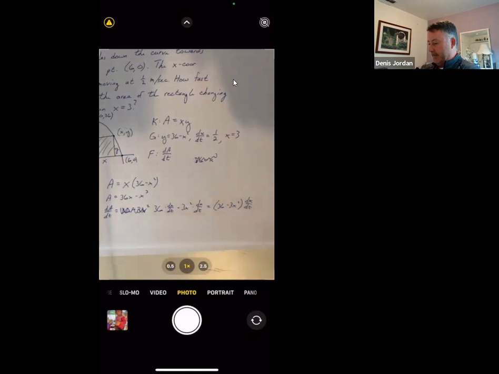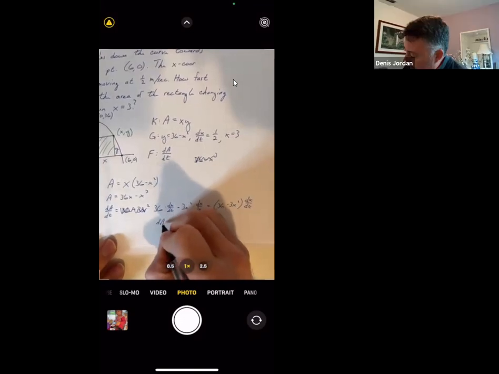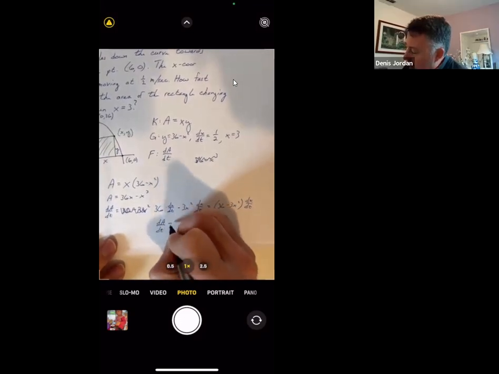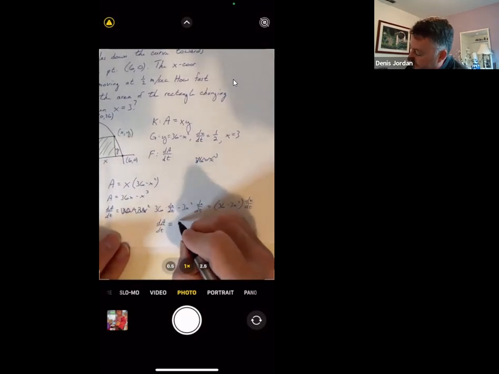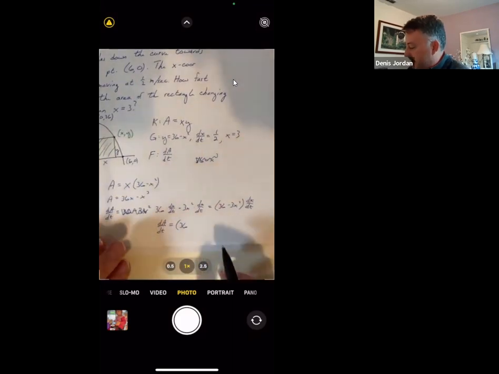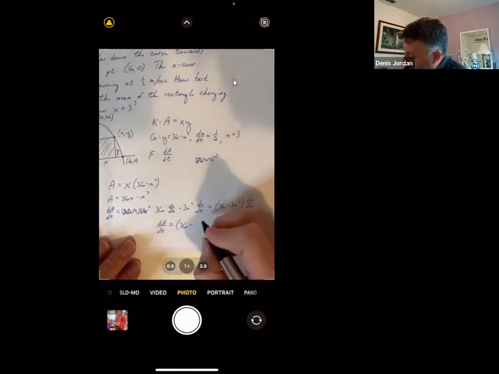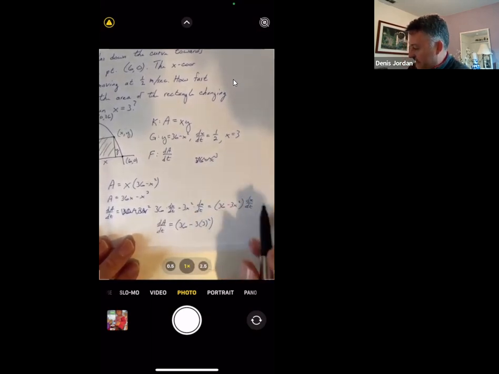All right, now that we have all of this, what do we do now? Well, we know what the dx/dt is, so we can plug that in. And we also know x, so stick in your x and the dx/dt. x was 3, dx/dt was a half.